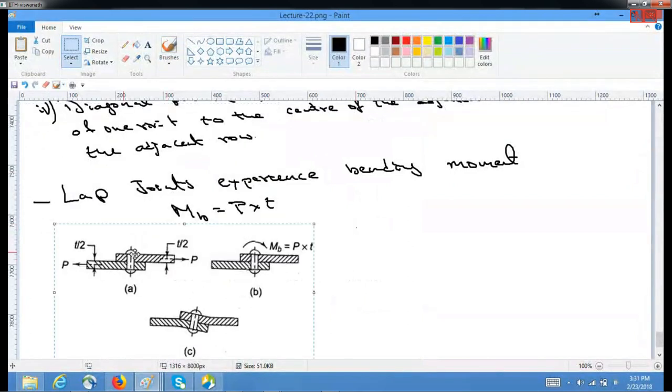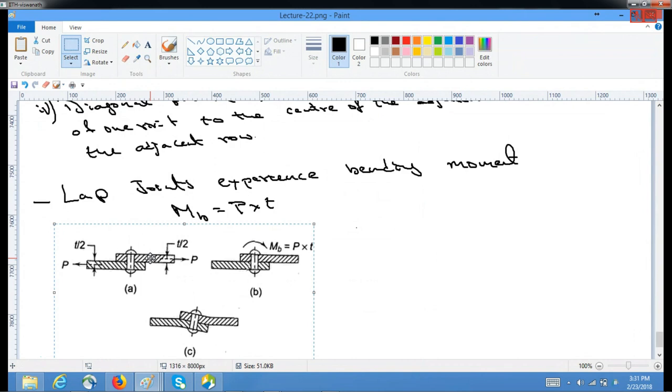If you see a lap joint, this is the P force, which is acting at the center of this plate and at the center of that plate. Between the lap, this thickness is T by 2 and that thickness is T by 2. So the total distance is T from this central line of P to the top central line of P, which are acting in opposite directions to each other.